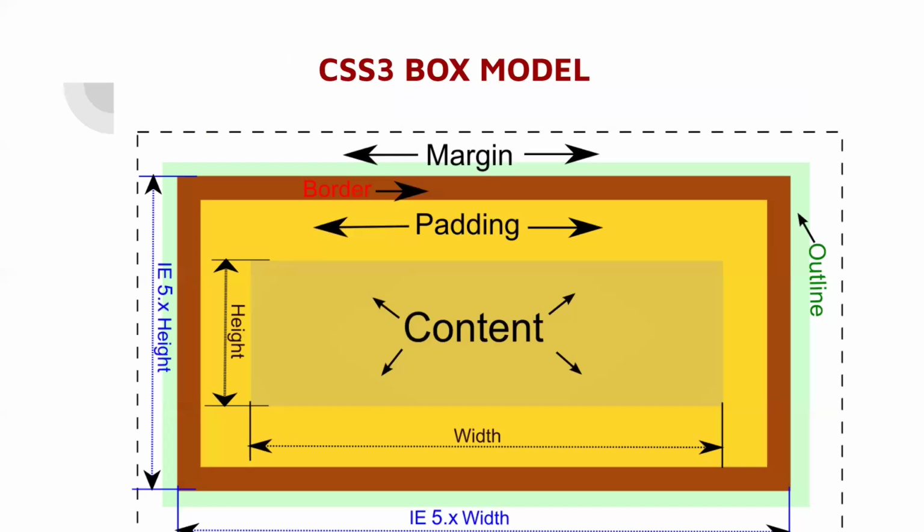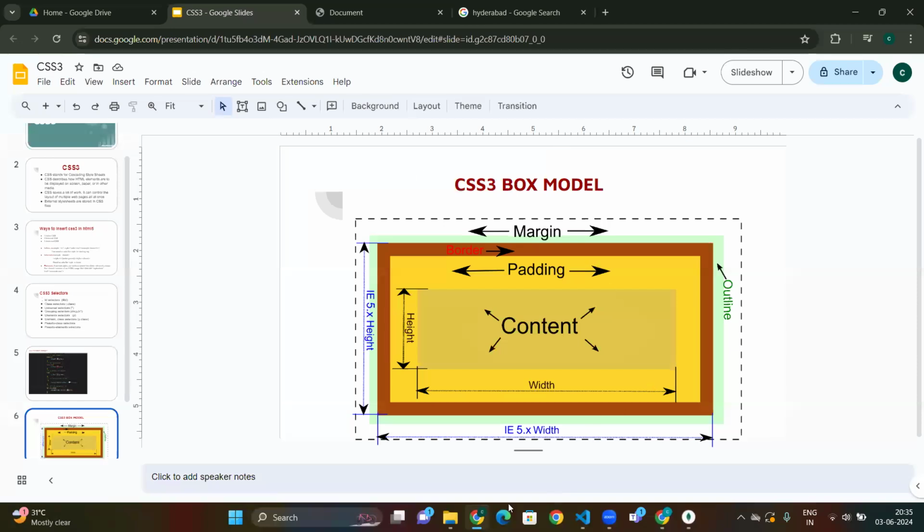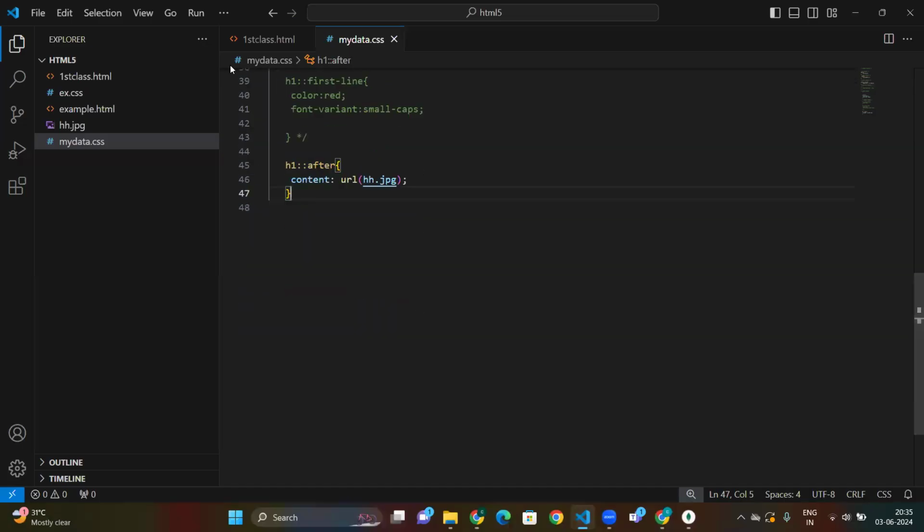Padding means it clears the area inside the border, between the border and the content, and margin means it clears the area outside the border. I will tell you again: it is a combination of content, padding, border, margin. So I'll write some content here with an example.